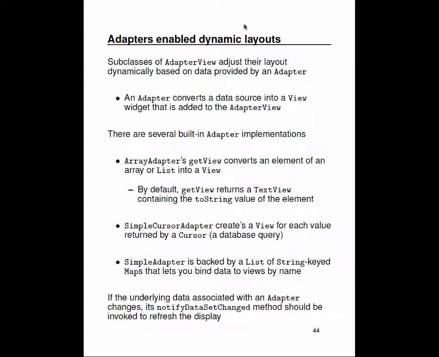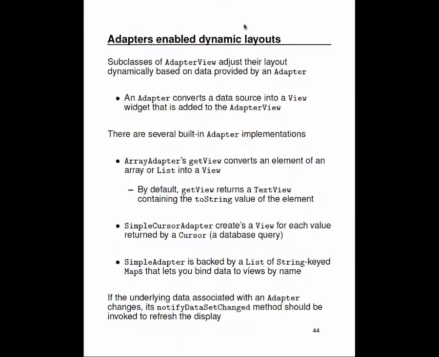So there's a widget called an adapter view, or rather an abstract superclass of these widgets that display data that is provided by an object called an adapter. An adapter basically converts some source data, like a list of strings or a list of dates, into widgets that are then added and displayed in the adapter view. There are a couple of built-in adapter implementations.